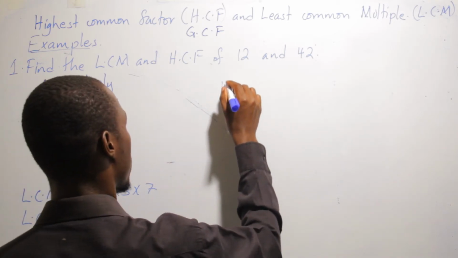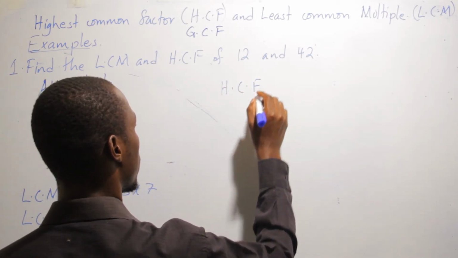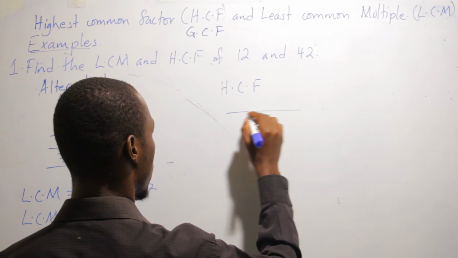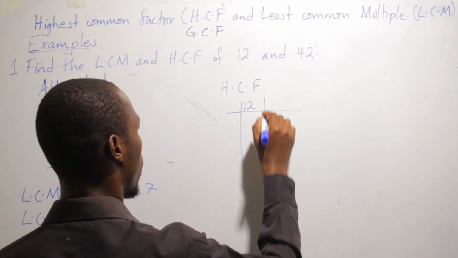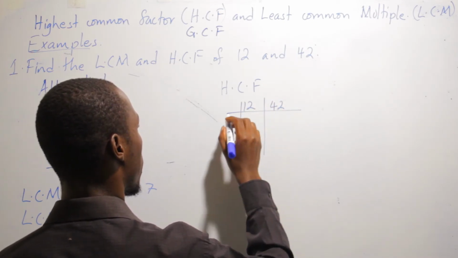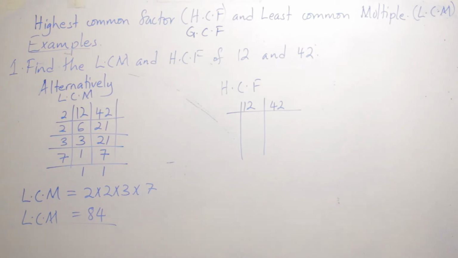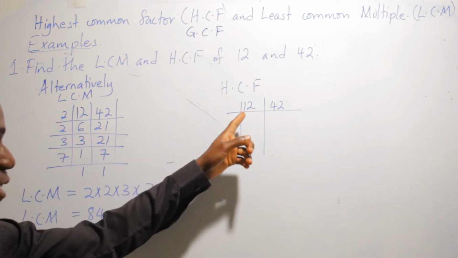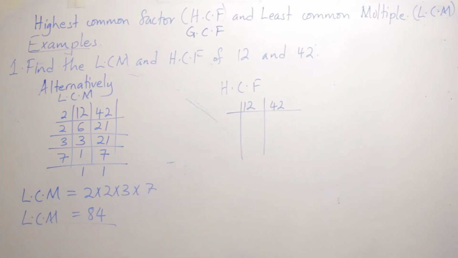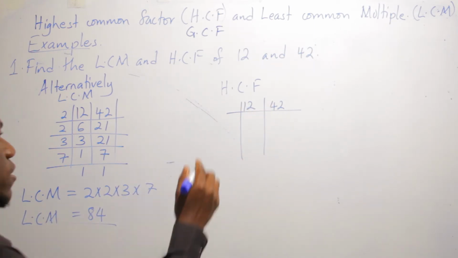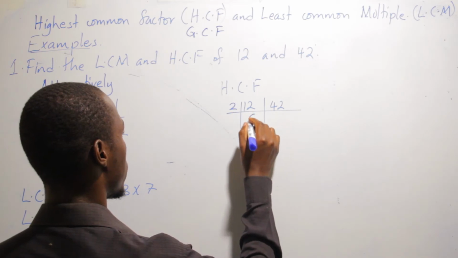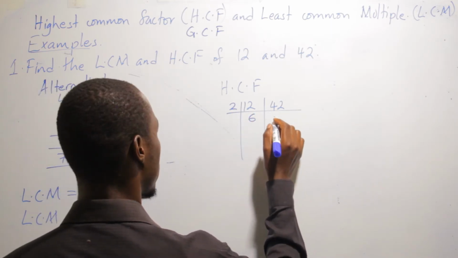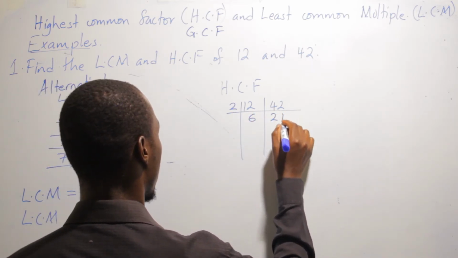Then if I'm finding the H.C.F, I can also use the ladder method. So I need to get a prime number that can divide both of the two numbers. So the 2 divides 12 to get 6, divides 42 to get 21.